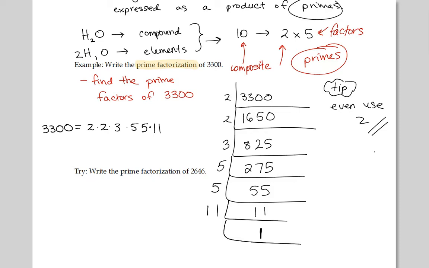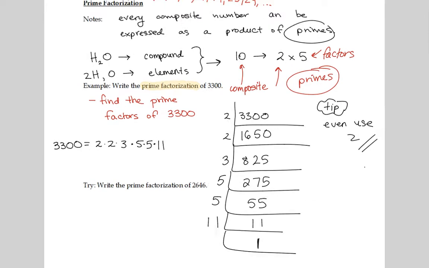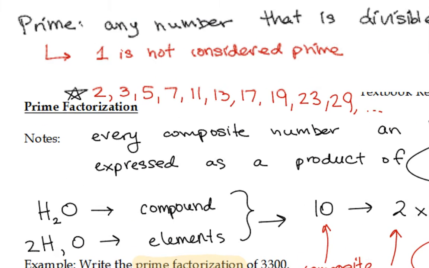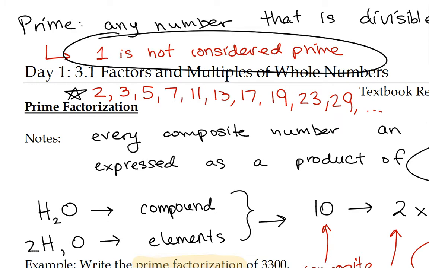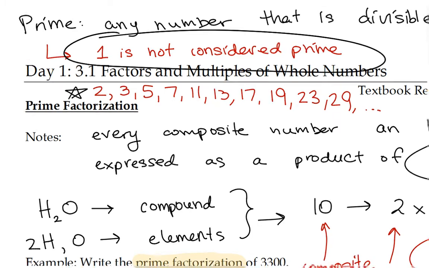Do you guys agree with that? Yeah, and he said times 1 if you really wanted to, but that's kind of why those mathematicians in the universities decided that 1 is not going to be considered prime. So you don't always have to include 1.